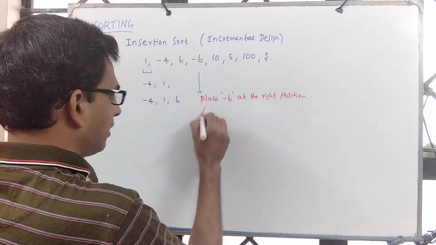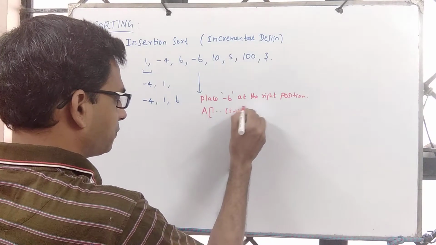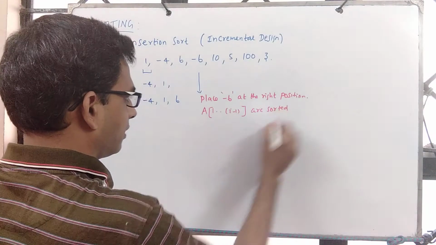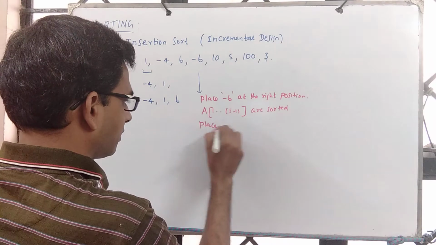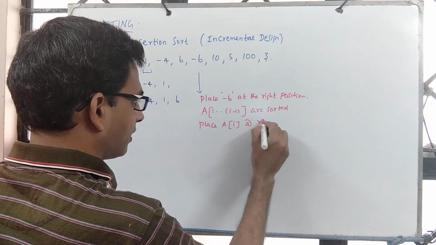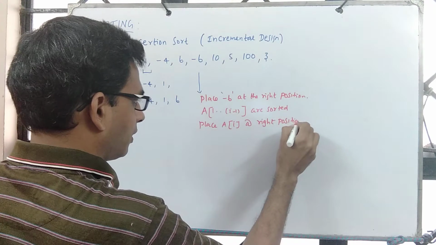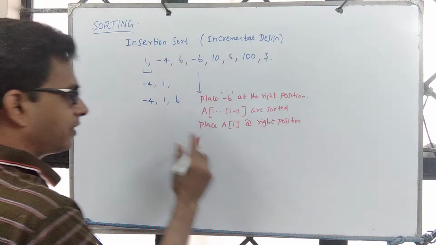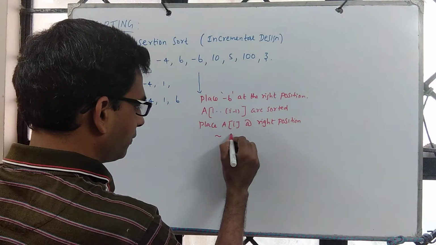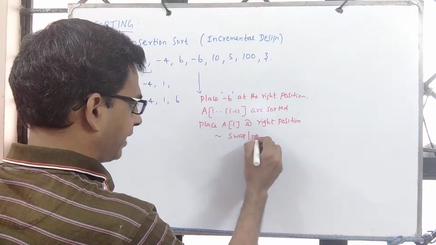So in general, A of first i minus 1 elements are sorted, place A of i at the right position. In the process of placing ith element at the right position, you may have to swap or move elements.